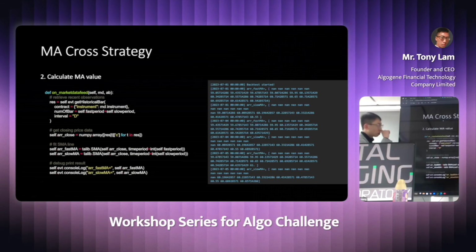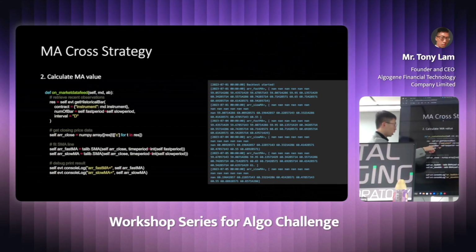So, in our trading strategy, we mentioned that we need to fill in our logic under the market data function. So first of all, we will use this function to collect the previous observations.